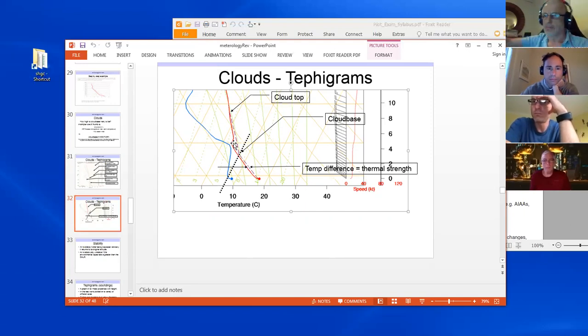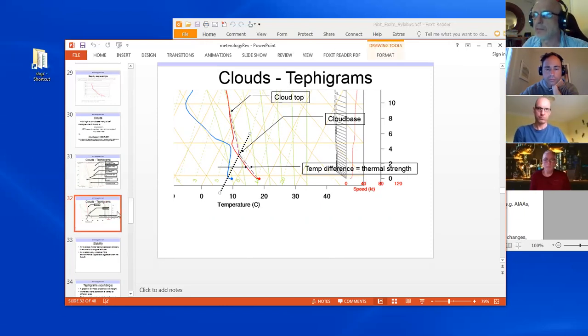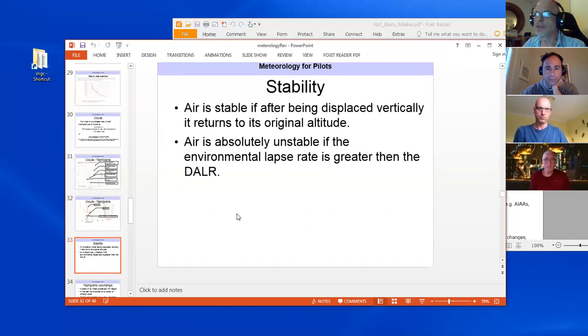That's where you get overdevelopment on a day where clouds start off spread out, and then you get to the point where it's just solid cloud. You'll find if you look at one of these on that day that these two will meet at that point. Okay, that's not an exam point, it's just an understanding of how it works. Right, so then we look at basic covered stability.